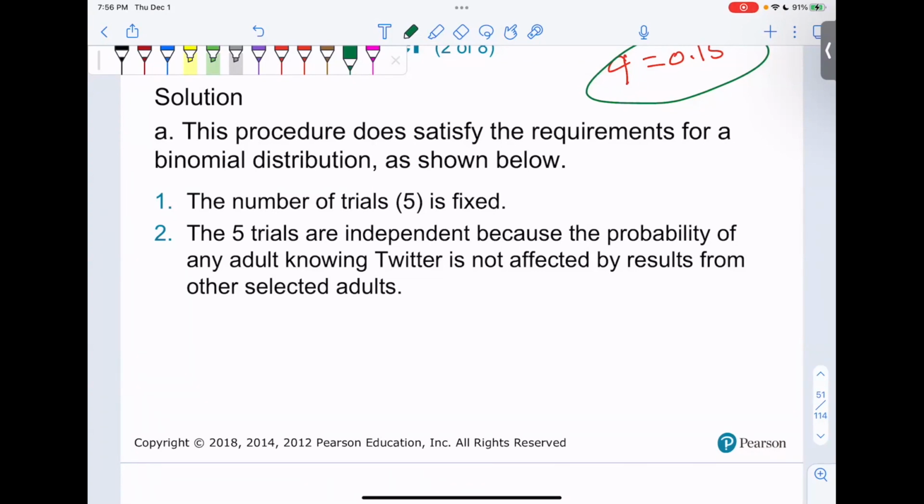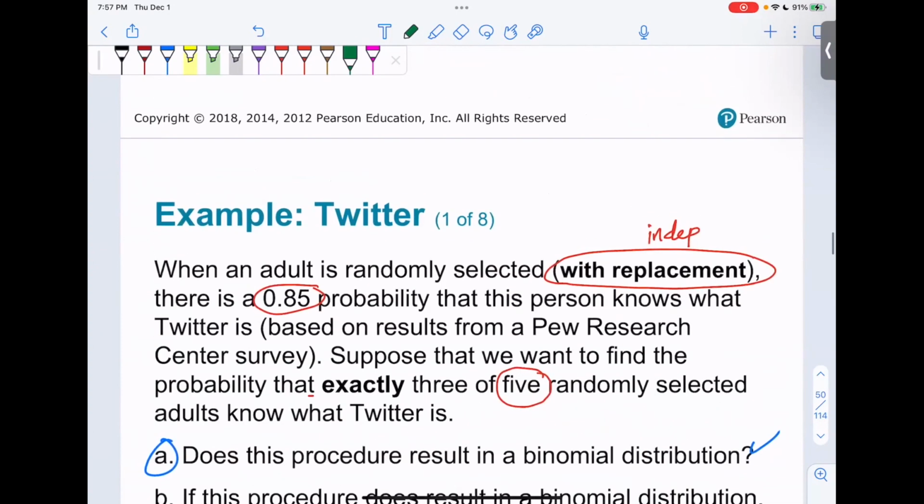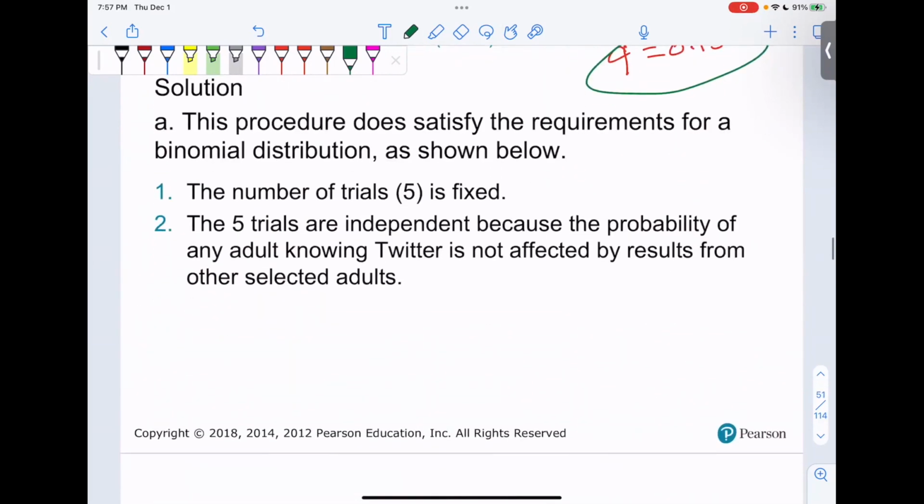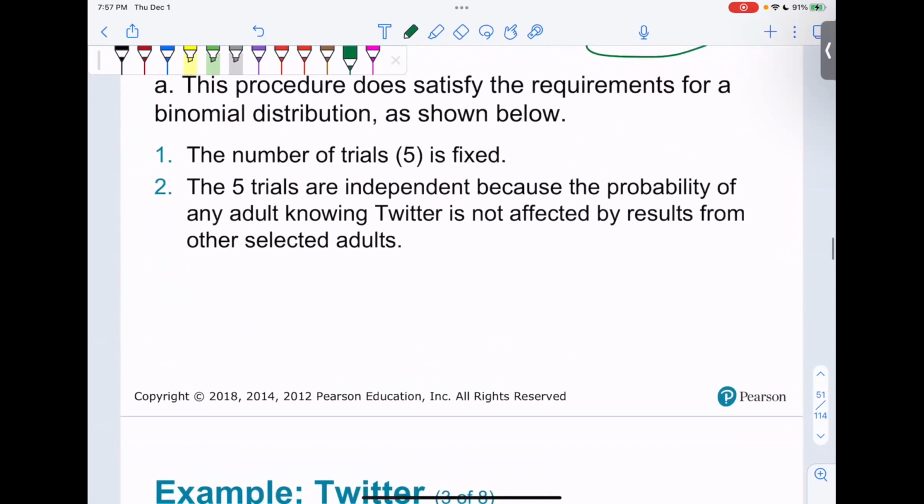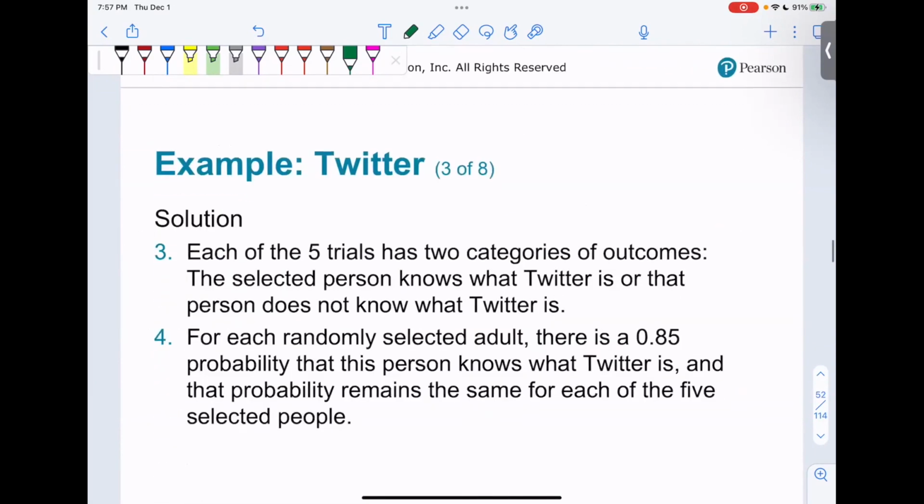So that's independent. For any experiment with replacement, the outcomes will be independent of each other.